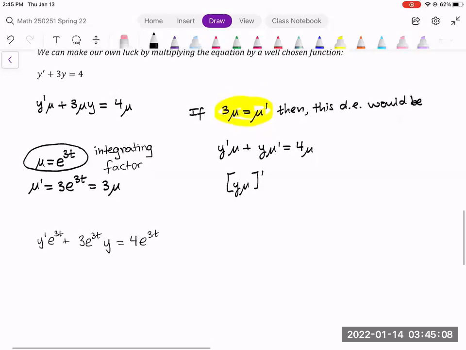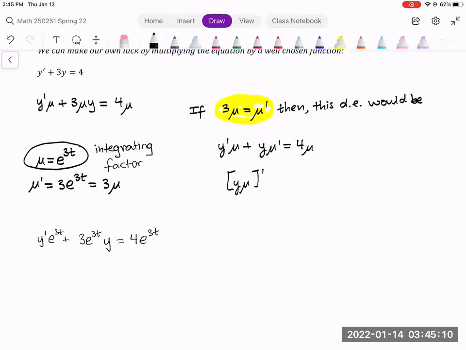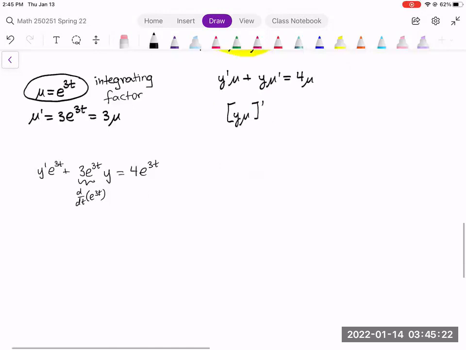Okay. Now, this is the derivative of e to the 3t. And so we see that this left-hand side has that product rule for differentiation. And so our left-hand side is just the derivative of y e to the 3t. And so if we're interested in finding y, we can get rid of this derivative by integrating both sides.